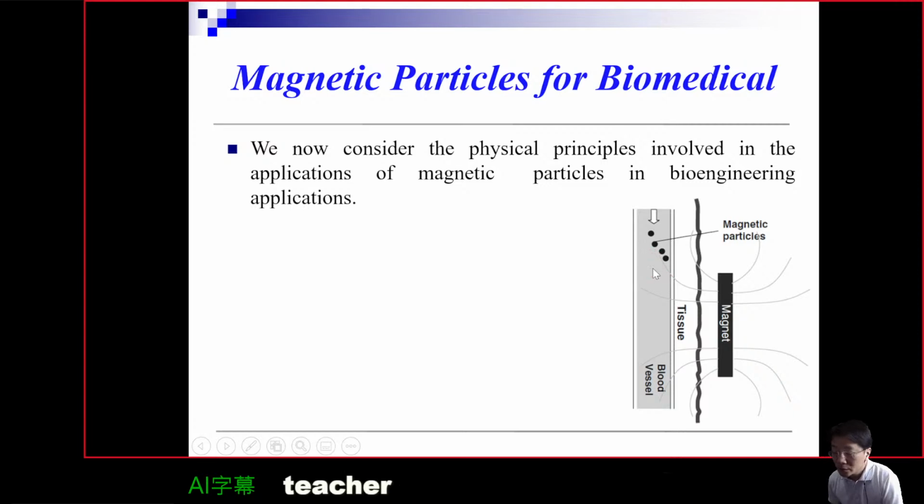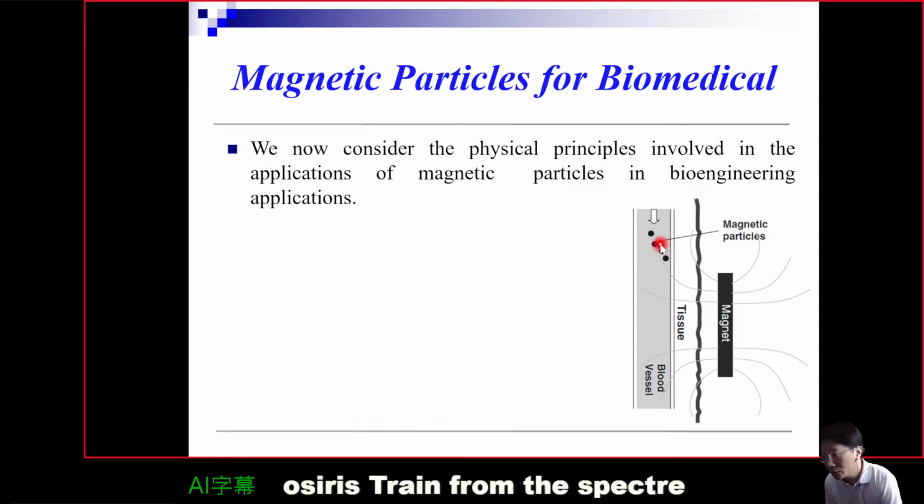So the basic idea is that bioengineers can coat something outside these magnetic nanoparticles, and in the outside shell there would be some ligands that are sensitive to some receptors on the tissue.